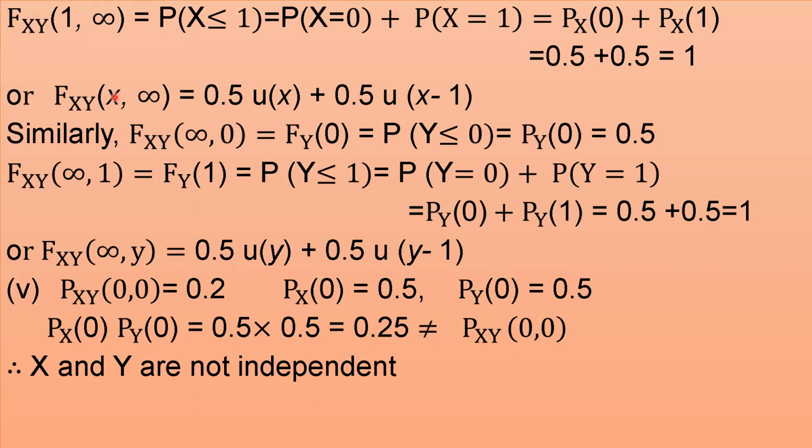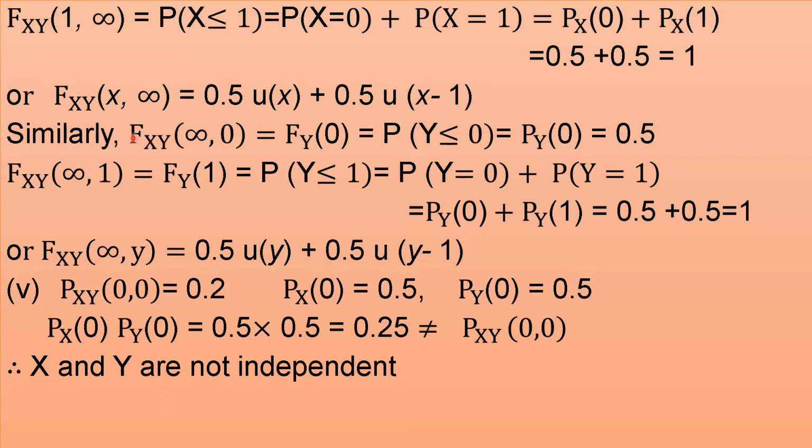For x equal to 0, consider the marginal probability mass function px of 0, which is 0.5. Combine it with the unit step function u of x minus 0. Next x value is 1. So take the marginal probability mass function px of 1, which is 0.5, and combine it with the unit step function u of x minus 1.